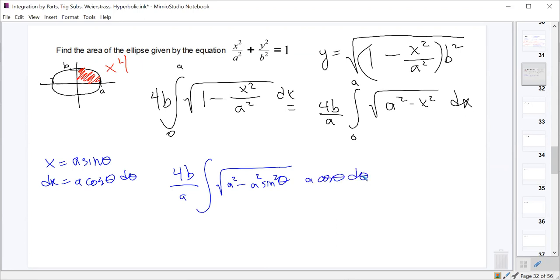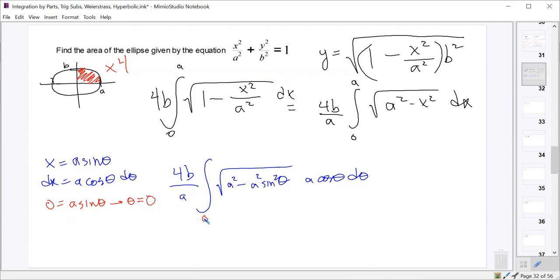d theta. And what has to happen when we go from x into theta? Change the limits of integration. So if x was 0, that's going to give us 0 equals a sine theta, or sine theta equals 0, which would give us theta equals 0.